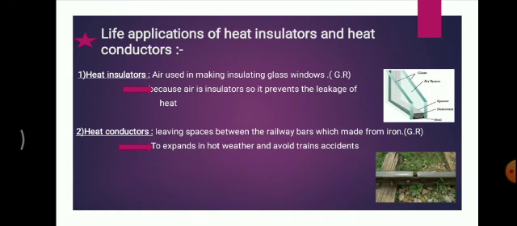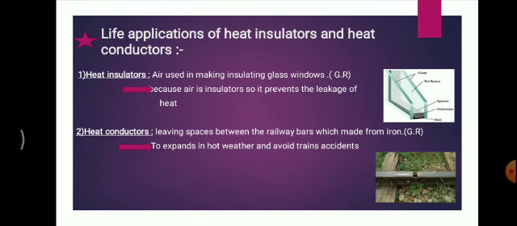Why? Because in cold countries they need to keep the houses warm. So they make insulating glass windows which contain air, because air is an insulator. So the air will prevent the leakage of heat from inside the house to outside.